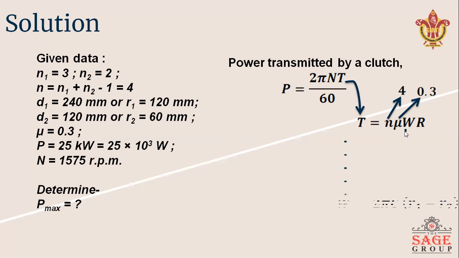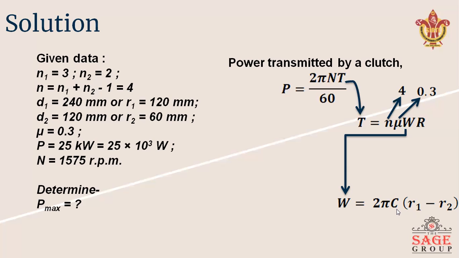W is equal to 2 pi C (r1 minus r2). We have already derived this equation. In this equation we have the values of r1 and r2, but we do not have the value of C. C is a constant, so we have to calculate the value of C so that we can easily calculate the axial load.